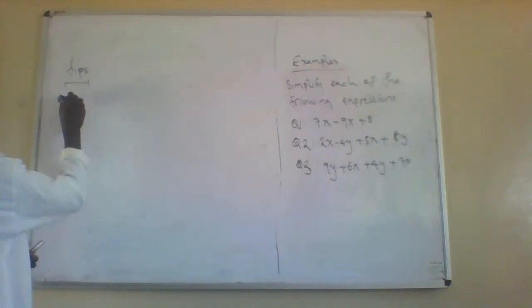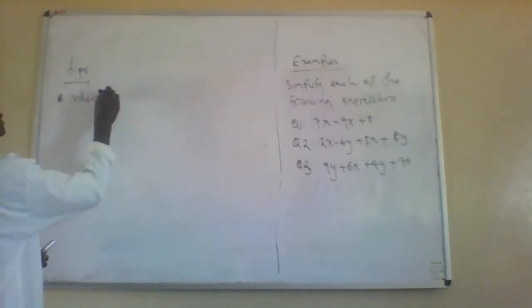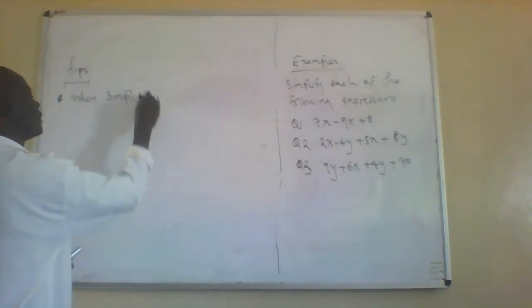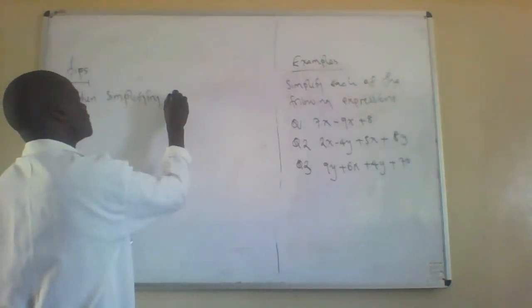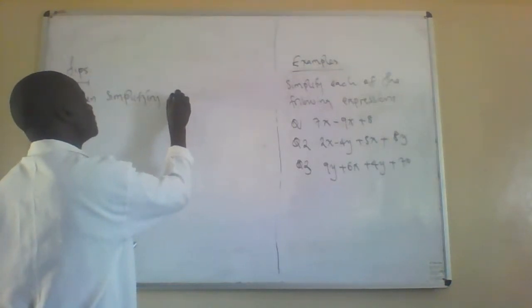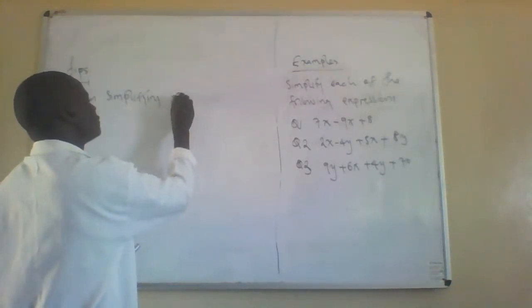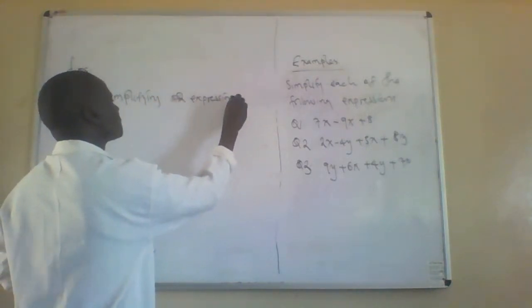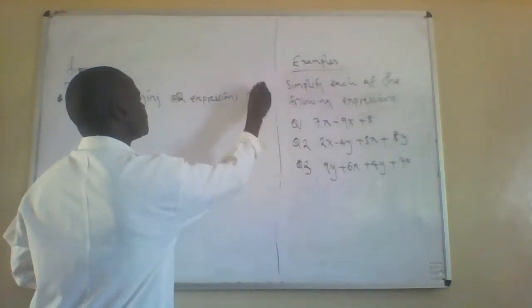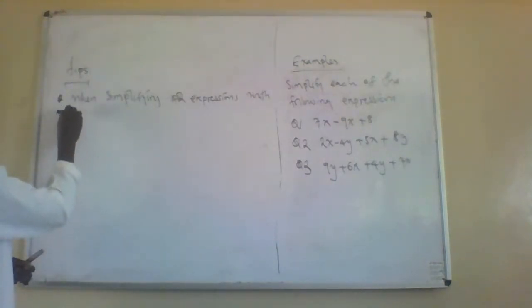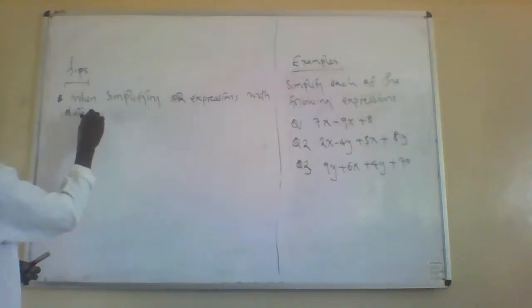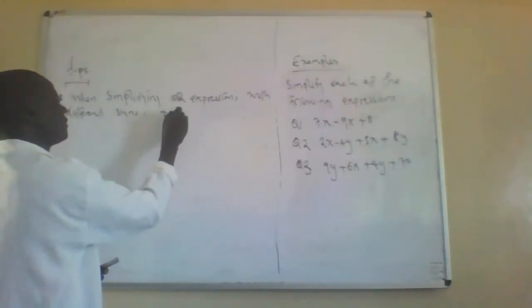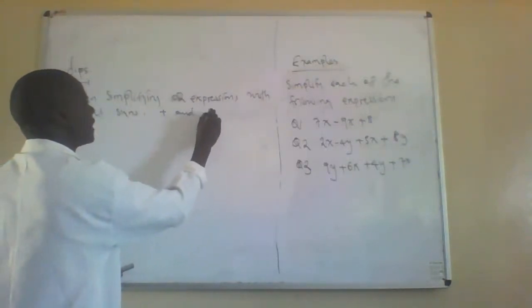Tip number 1: when you simplify two expressions with different signs, which signs are they? You're going to have a plus and a minus.